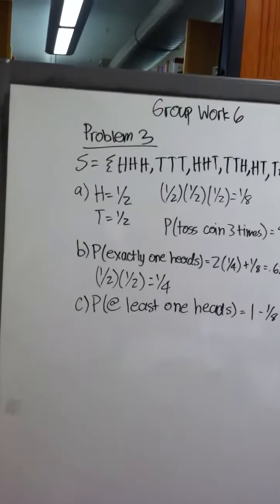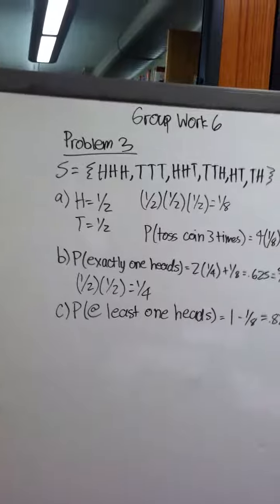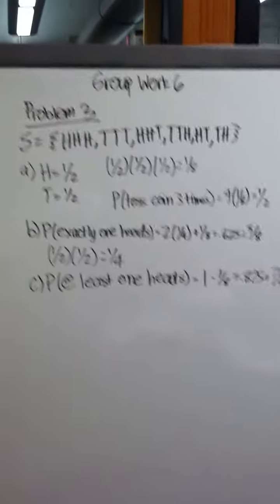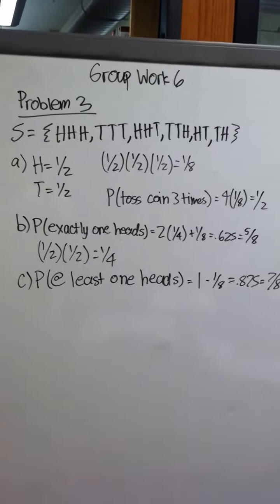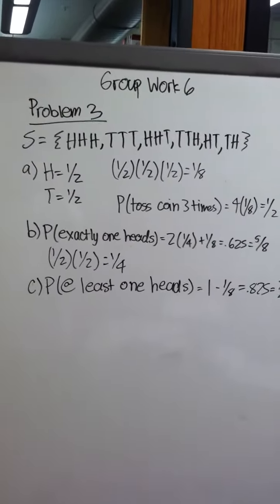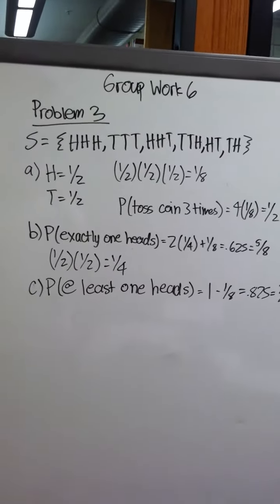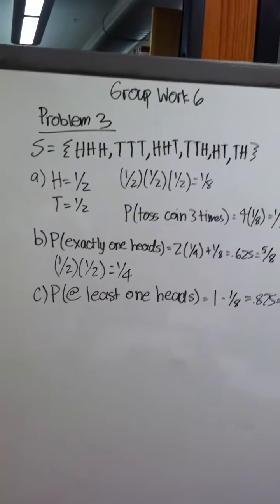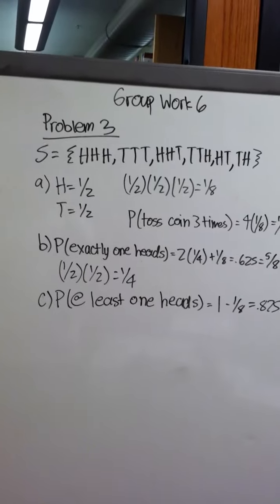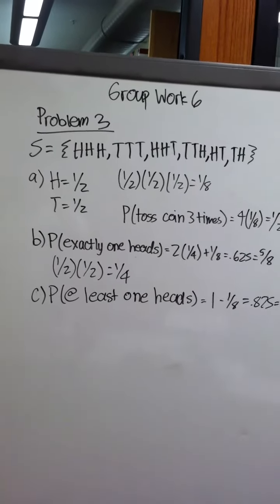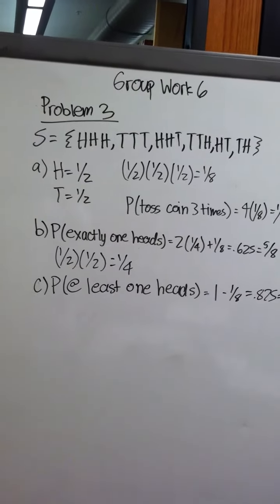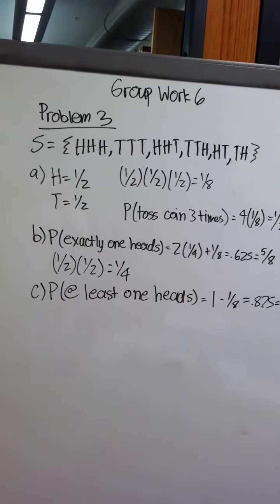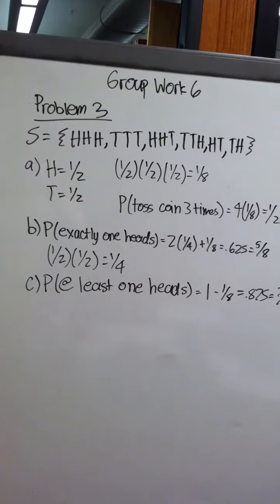In subproblem C, it asks, what is the probability that we get at least 1 heads? To find the probability of at least 1 head is fairly simple, since we know that with probability, everything has to equal 1, and if we look at our sample space, we can see that there is only one outcome that doesn't have a heads in it.